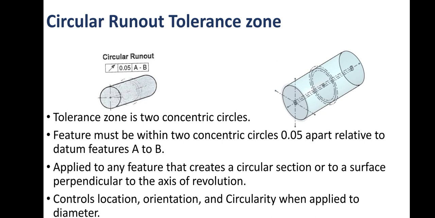The circular runout tolerance zone is two concentric circles as shown in the figure on the right side.